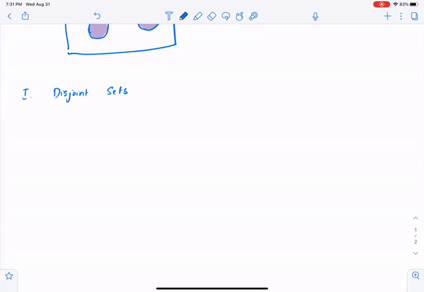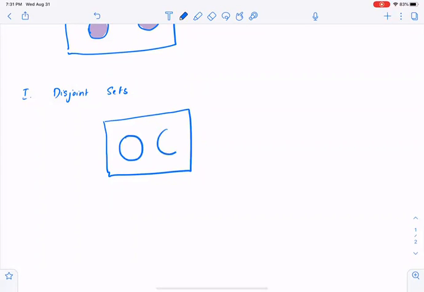So if we want to represent two disjoint sets, set A, set B, and the two sets have nothing in common.